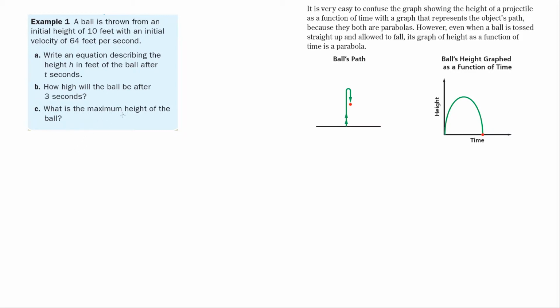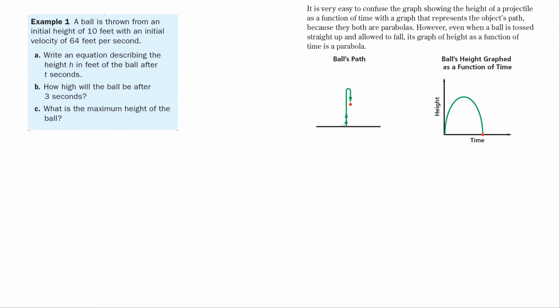Just to elucidate this idea of path versus height, if we have a ball that is pretty much just thrown straight up and comes straight down, it'll follow a parabolic path that'll look something like this. The height of the ball versus time will also be a parabola, but not the same as the path.